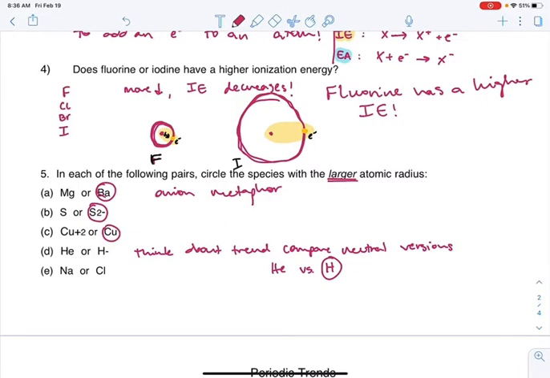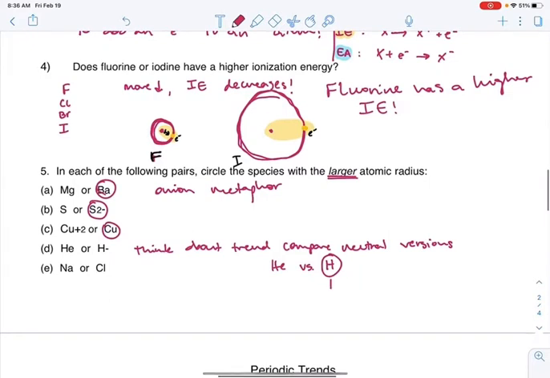But then if you make hydrogen now compare itself versus its anionic self, we know the anion's going to be bigger than the neutral form. So if the neutral form of hydrogen is bigger than helium, and the anionic form of hydrogen is bigger than standard hydrogen, obviously the anionic version is going to be bigger, right? So that's sort of how you do that.